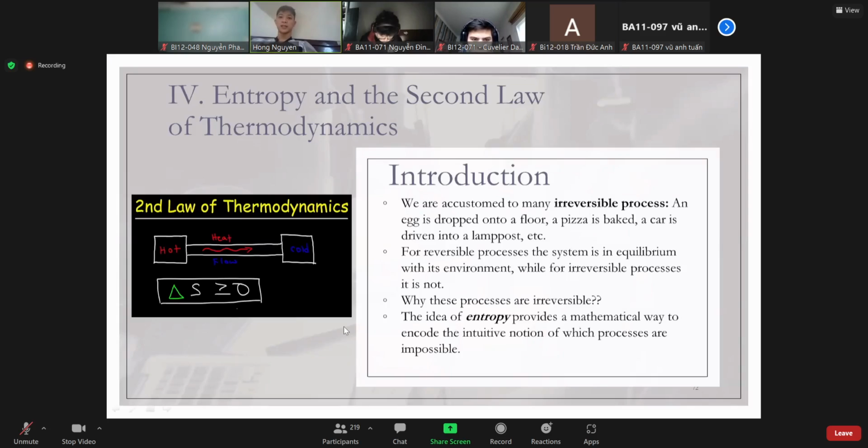So that's why we say that the idea of entropy will provide a mathematical way to encode the intuitive notion of which processes are impossible, of what direction an irreversible process should follow. We try to explain, in a mathematical way, what we intuitively notice. Good.